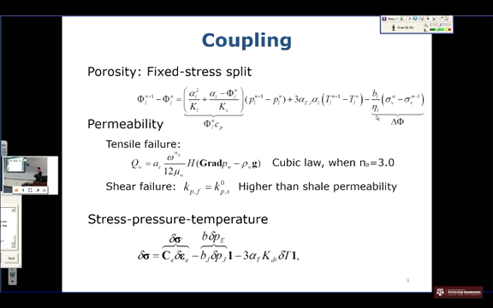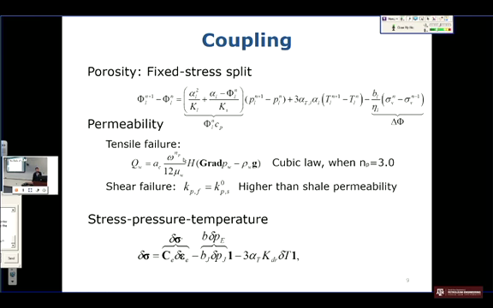Let's look at the coupling term in more detail. Of the porosity function, the first two terms are usually used in the reservoir simulation. The first term is related to the pore compressibility, and the second term is related to thermal expansivity. P and T are pressure and temperature respectively. The third term comes from the geomechanics, which is the correction term. For the permeability, we use the cubic law.